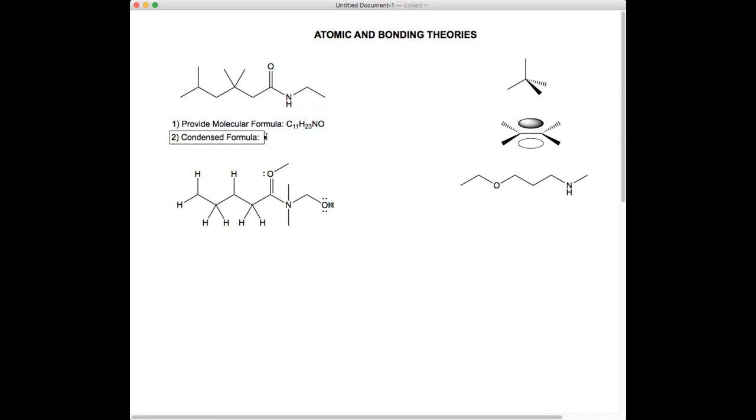That's it. So condensed formula would be (CH3)2, so these two CH3 here, CH right here.